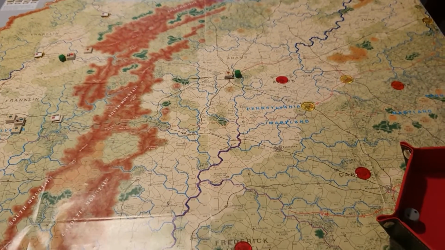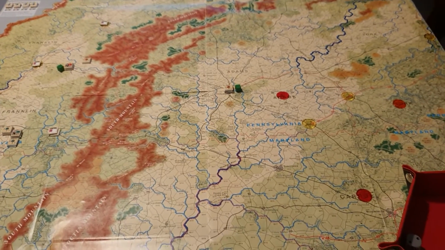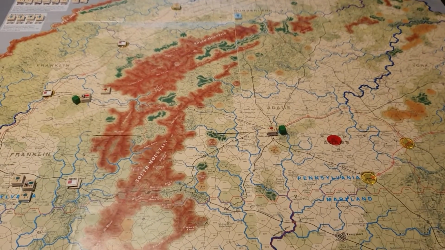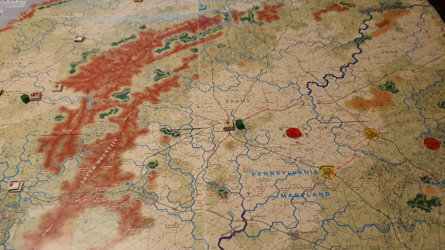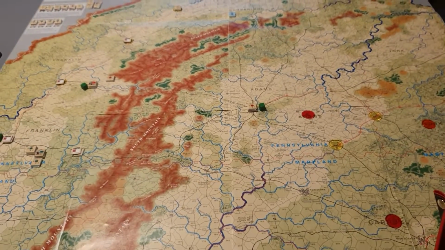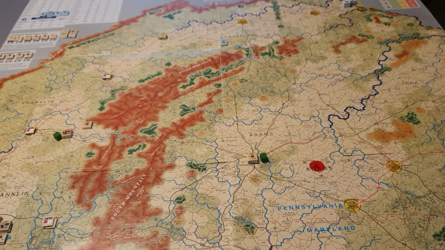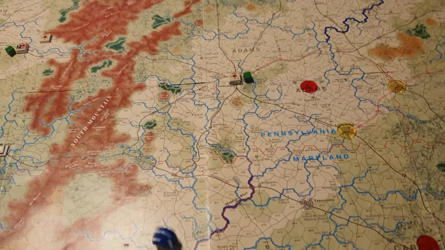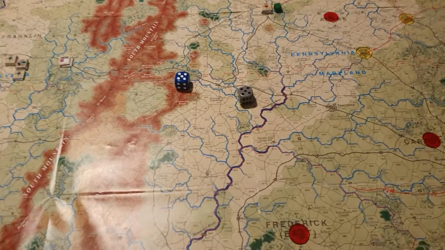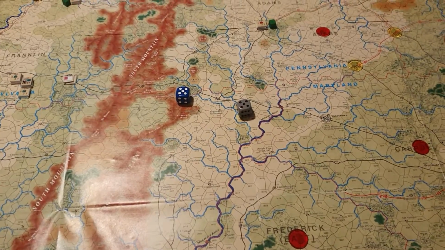Now, in the event of a draw, in this particular scenario, and most of them until the later war, maybe even the original first conflict at Bull Run, if there's a draw, the Confederate wins it. We've got Union command paralysis in place here, so it's a -1 for their throw. So let's just roll the dice. We have a draw, but Union get -1, so the Confederates gain the initiative for the start of this turn.